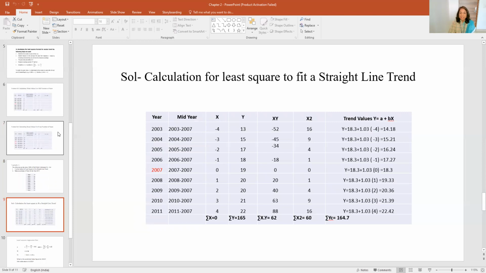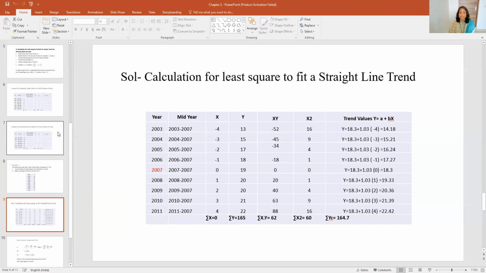Then multiply the X variable with the Y variable. So minus 4 into 13 is minus 52, minus 3 into 15 is minus 45, and it keeps going. After that, add all the values of X into Y. The summation of XY is 62 in this question.